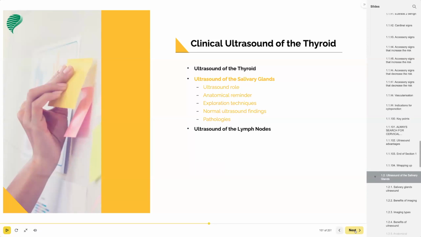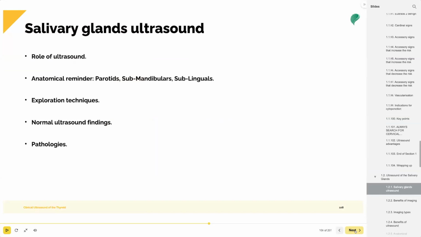So we will now discuss the salivary glands, starting with the role, the significance in ultrasound, and the exploration. We will also be going into the lymph nodes right after. Why is the imaging of the salivary glands important? Well, it helps confirm different issues.